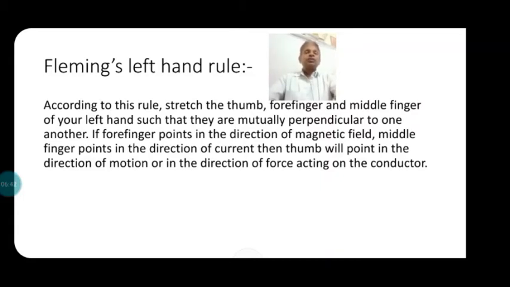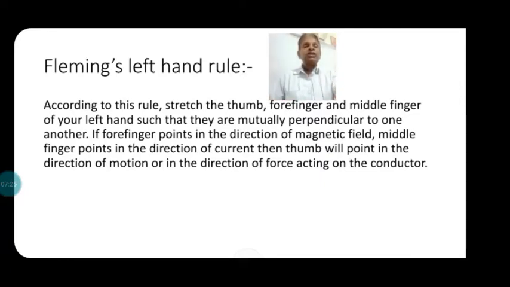According to this rule, stretch the thumb, forefinger and middle finger of our left hand such that the forefinger is the direction of the magnetic field, the middle finger is the direction of current, and the thumb is the direction of force. This rule reveals the relationship between the magnetic field, the direction of current, and the direction of force exerted on the conductor.